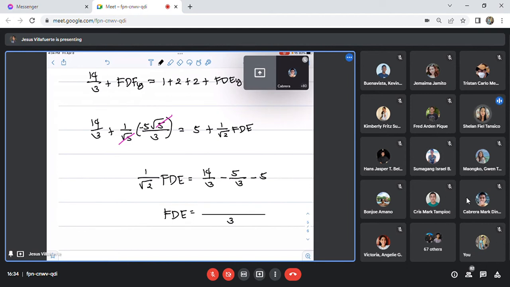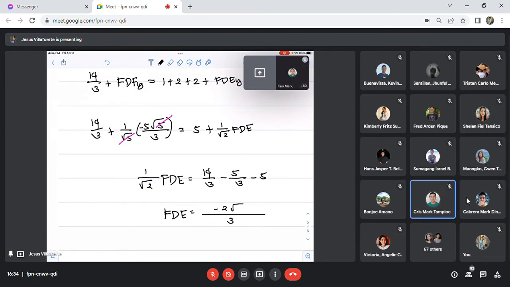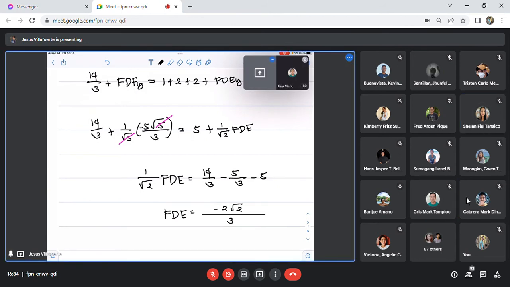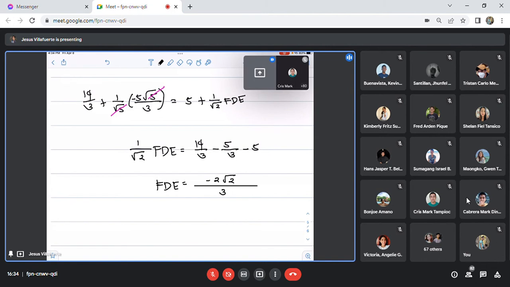Negative 2, sir. Negative 2? So this is negative 2 the square root of 2. So this is the final answer. For FDE is equals to 2 the square root of 2 over 3 kilonewton in compression.